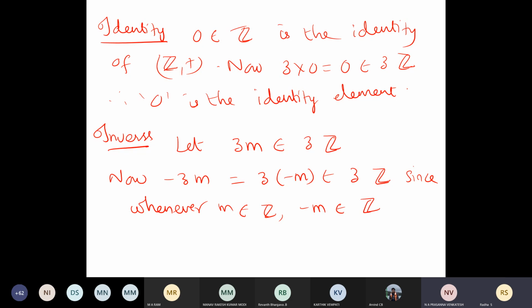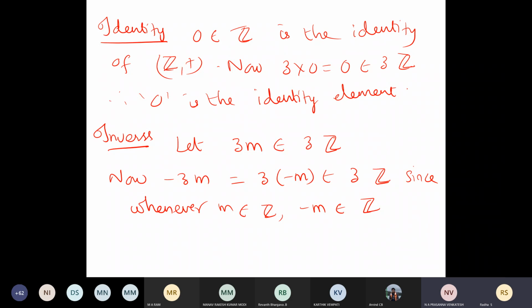See, how do you expect an element of 3Z? 3 times any element of Z, right? So I'm assuming 3m belongs to 3Z. I need an inverse for this. So I'm saying that minus 3m is its inverse. But how do I confirm that? I'm writing minus 3m as 3 into minus m.